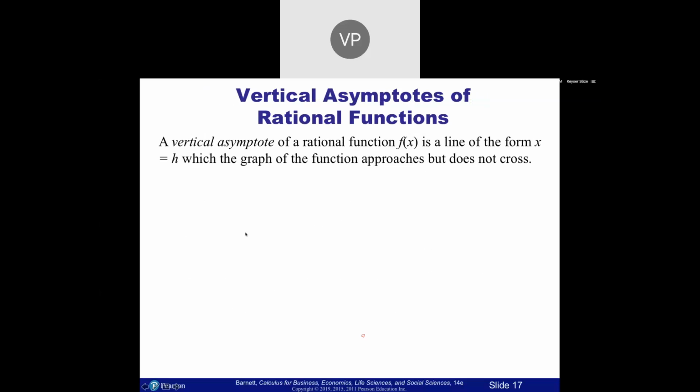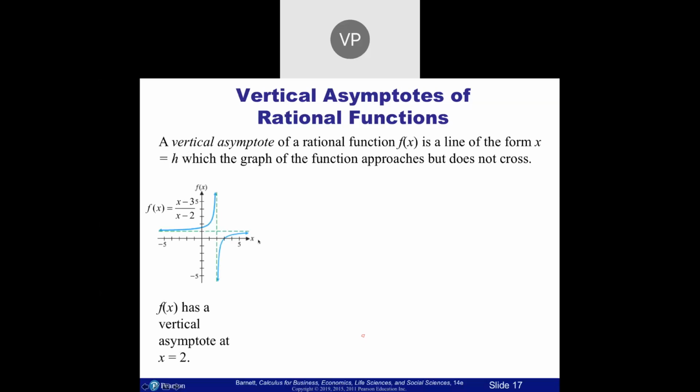Okay, so we have a vertical asymptote. So if you remember asymptotes before, these are lines where your graph approaches it, but it never quite actually makes contact with it. It's like guidelines is how I like to call it. So a vertical asymptote, of course, means it's a line that's vertically going up and down. So if you look at it here, we have a vertical asymptote of x equals 2. That's this right here, x equals 2, that vertical line.